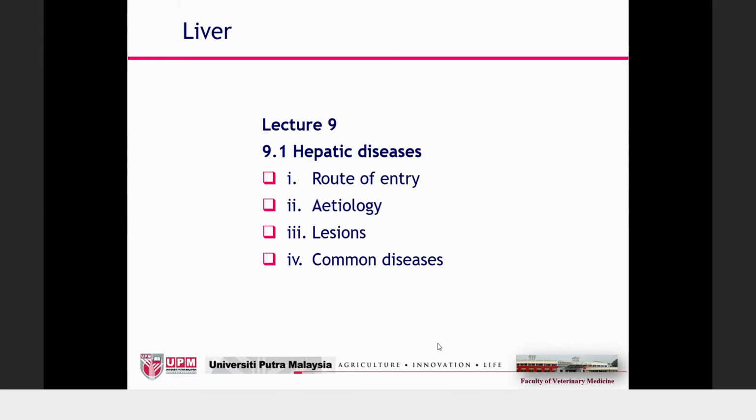Then we're talking about lesions. When you look carefully later on, the common lesion is still inflammation, and inflammation of the liver is hepatitis. Someone asked me, I think in an email, to differentiate between acute, chronic, and subacute lesions.